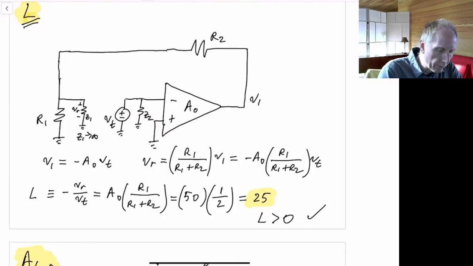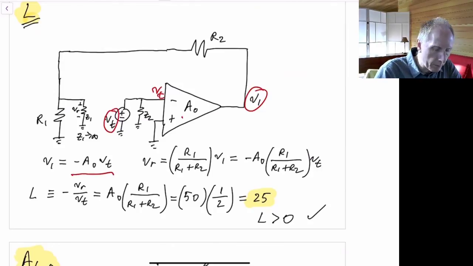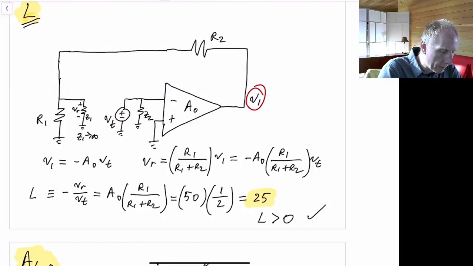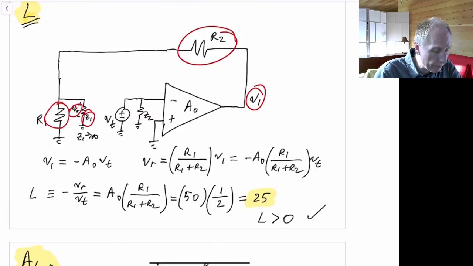So what we have is, if we define this node to be V1 temporarily, then the gain from VT to V1, well, VT is just going to appear right at this node on the negative terminal, so it'll be a gain of minus A naught. So that's just the gain through the op-amp itself. And we also need the gain from V1 to VR. Well, that's just a resistor network with R2 and R1 and Z1, but Z1 is infinite.